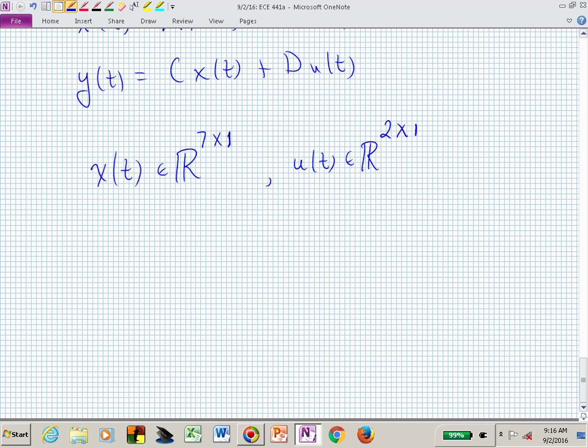Now what we want to do is actually assign the coordinates to that state vector. What are our 7 entries in that state vector? And this is where the non-uniqueness can enter. Here I'm going to say, let's just let x1, the first coordinate, be the position of mass 1.